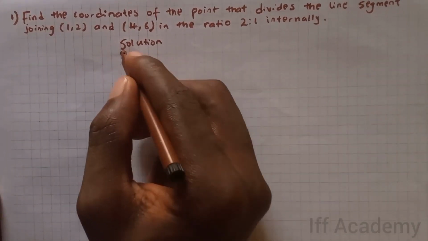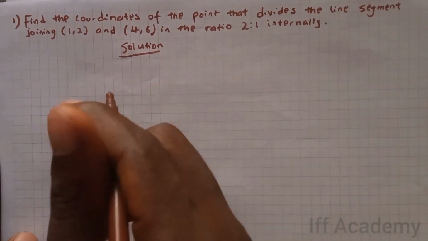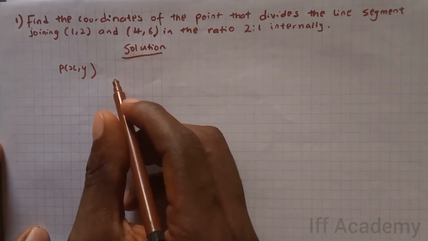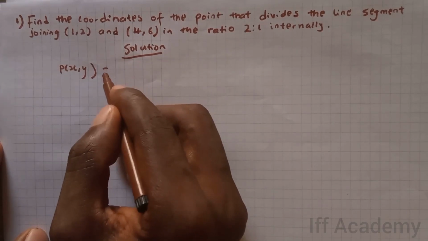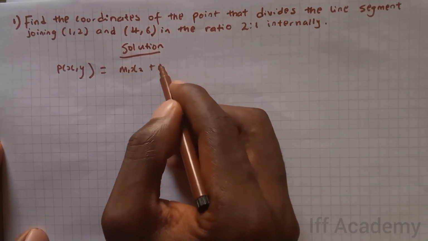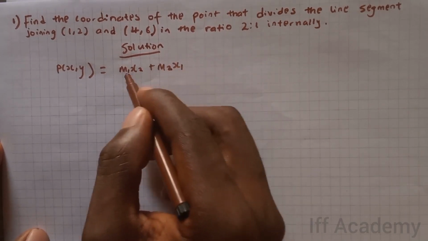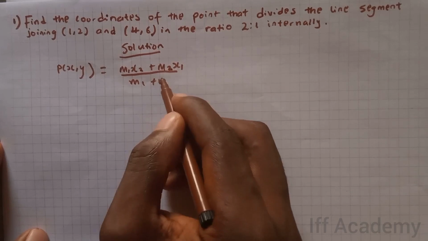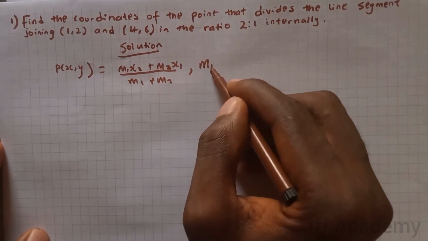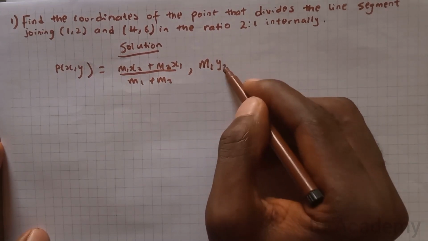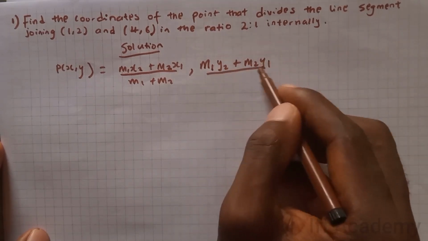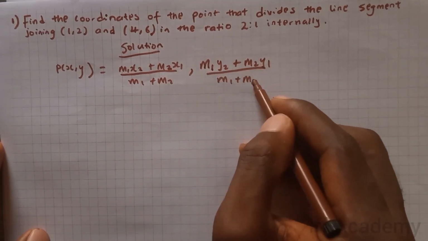All right, so we have that the coordinate of that point P(x, y) will be equal to (m1 x2 plus m2 x1) over (m1 plus m2), and we have (m1 y2 plus m2 y1) over (m1 plus m2).